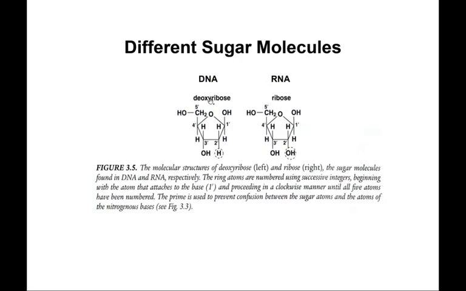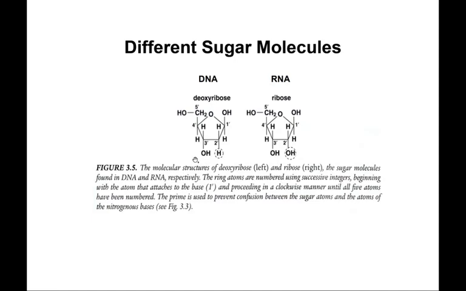However, in DNA, there is H. That is the reason why we call DNA deoxyribose, and RNA is ribose because there is OH at position number 2. Another very important one is position number 3: no matter whether it is DNA or RNA, there is an OH group at position number 3.